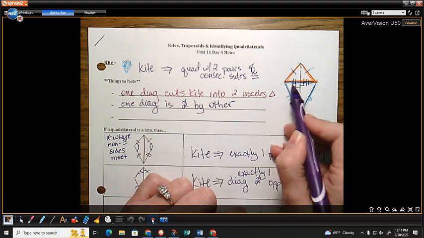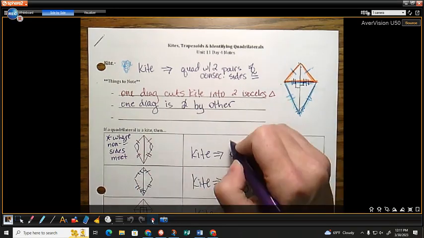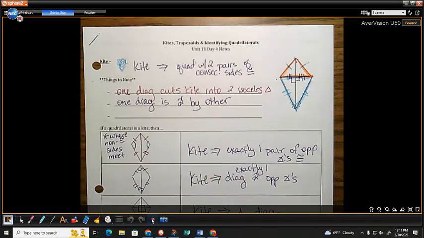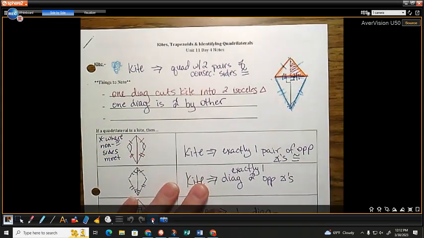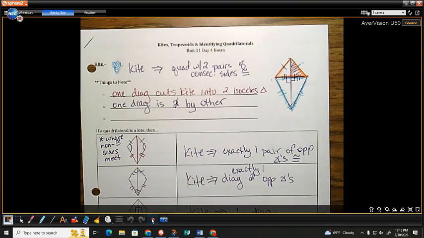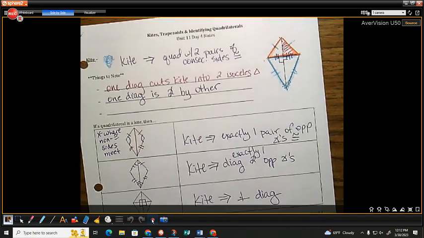This diagonal between is the one that gets bisected. Okay? So you're like, wow, kites are a lot more complicated than I thought, huh? What shape does this make right here? What kind of triangle? Which can be solved using the Pythagorean theorem, or special rights, or trigonometry. So much fun to be had with kites.